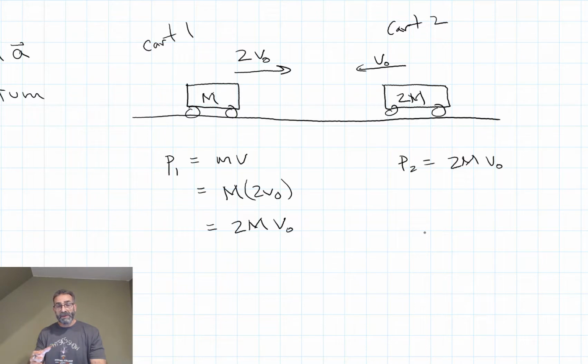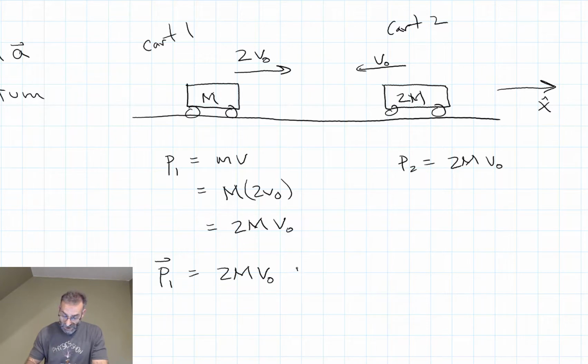A more formal approach is to assign a coordinate system and a positive direction. Let's call the right our positive x direction. Our momentum 1, if we write it as a vector, is going to have this magnitude in the positive x hat direction.